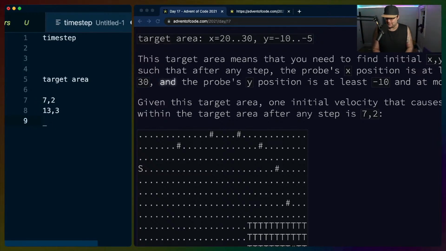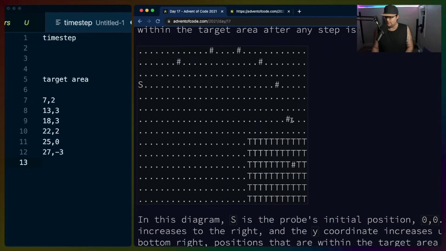Yeah, we're doing this. 13, 14, 15, 16, 17, 18, 3, and then 19, 20, 21, 22, 22, 2, 3, 24, 25, 25, 0, 27, 1, 2, 3, negative 3, and finally 28 and 3, 4, 5, 6, 7.